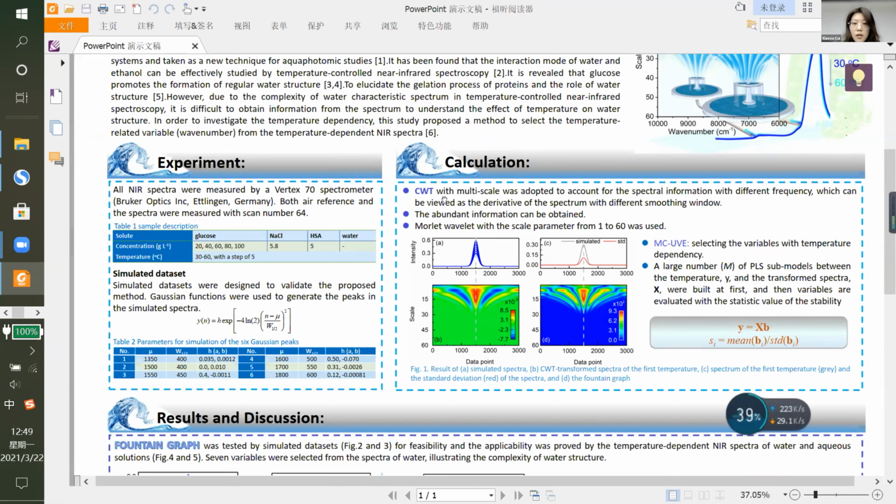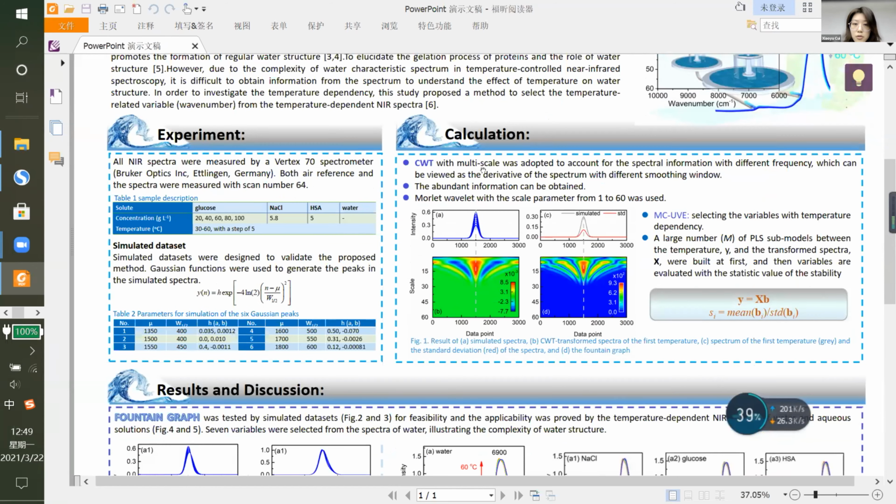Then we used the continuous wavelet transform to make the multiscale spectra, which account for spectral information at different frequencies and can be viewed as a derivative of the spectrum with different smoothing windows.